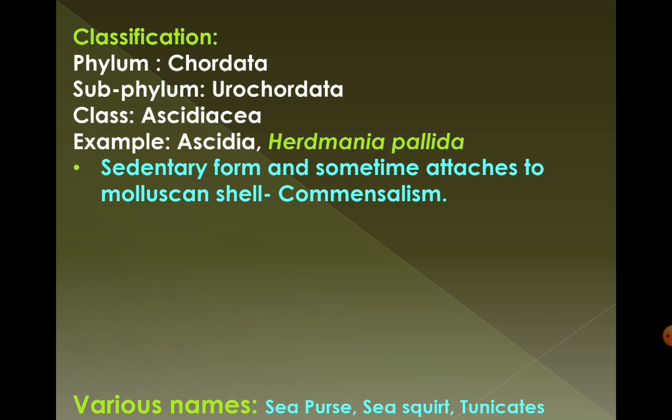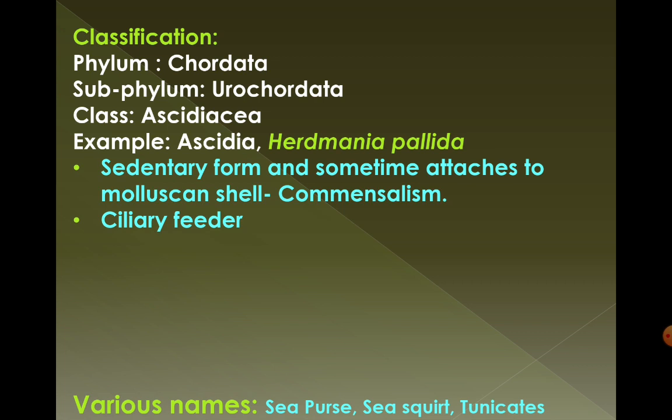This molluscan shell gets protection because of the presence of this Herdmania on it, because once Herdmania gets attached to the surface of this molluscan shell, no predator will come close to the mollusc and try to eat it, because this Herdmania is unpalatable, and also it contains spicules in its body wall which in turn can harm the predator, and as a result it gets into an association with the mollusc exhibiting commensalism.